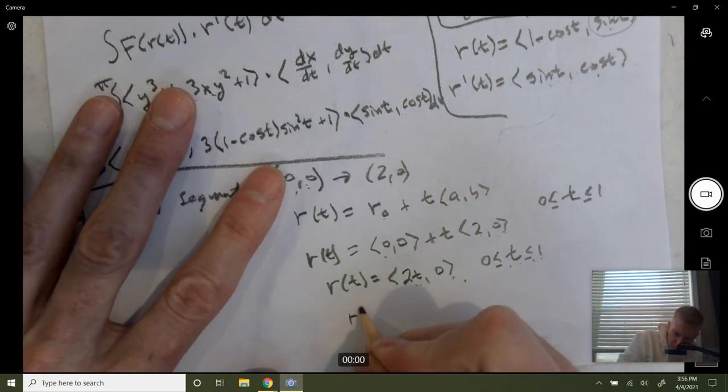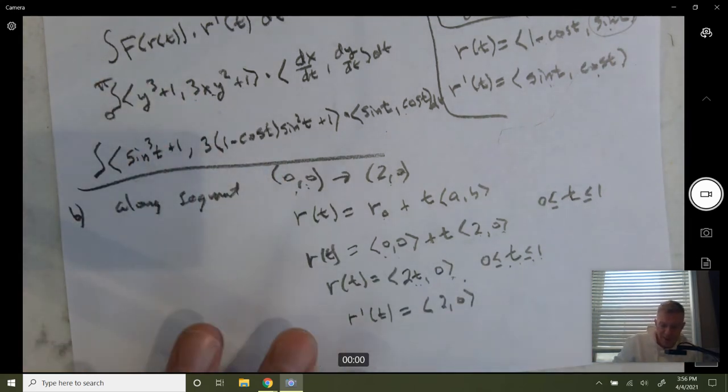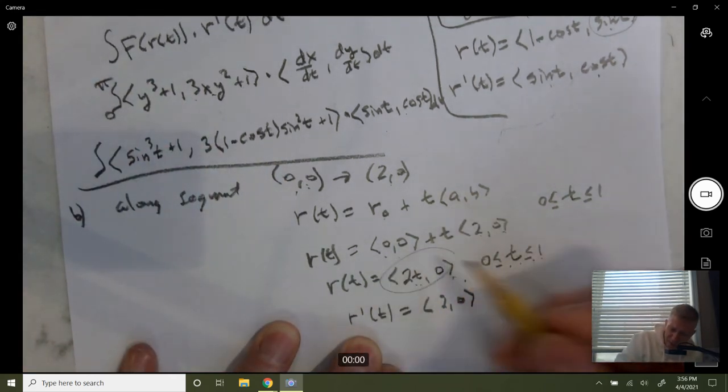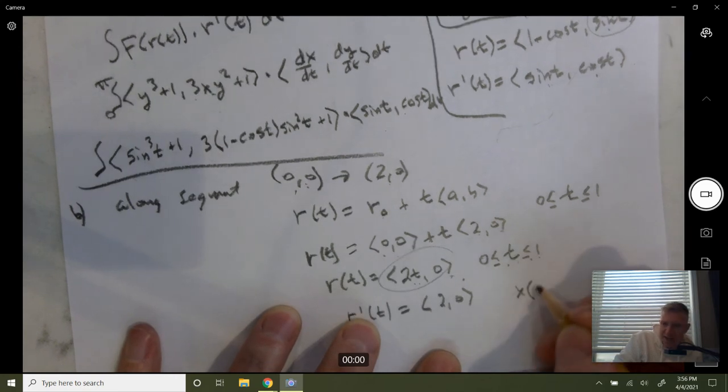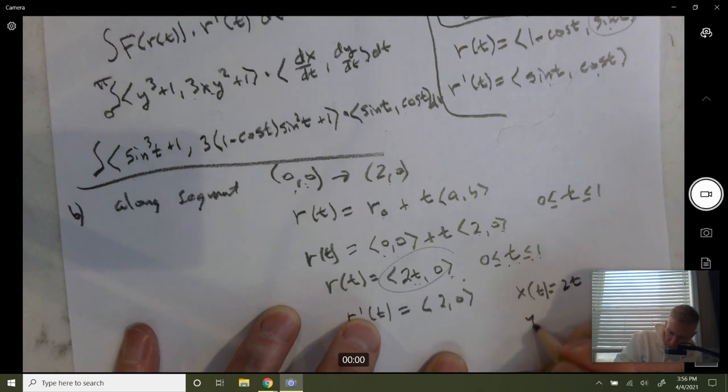Okay, let's do r prime of t, and that's going to be (2, 0). So this is easier. If you write this in parametric equations, x(t) is simply equal to 2t, and y(t) is equal to 0.